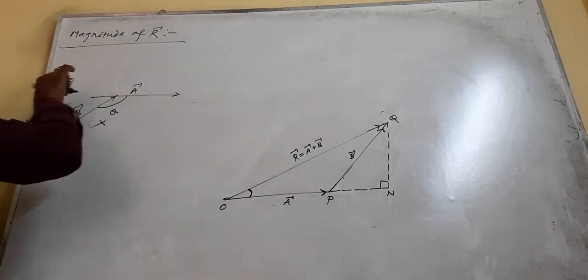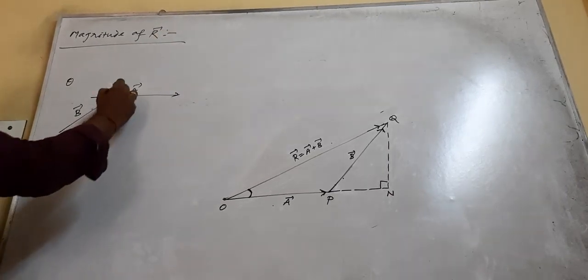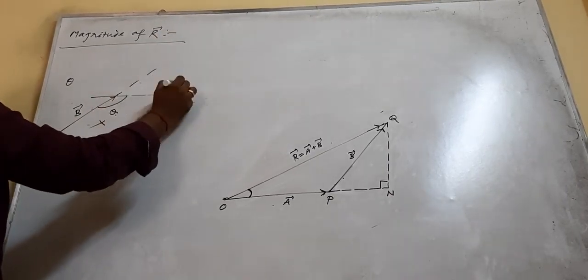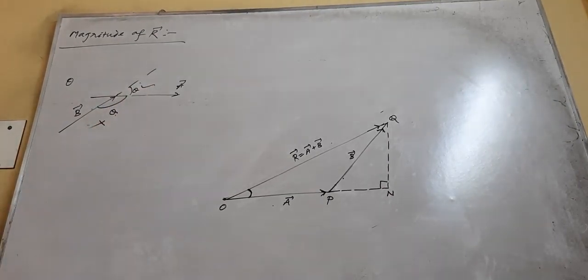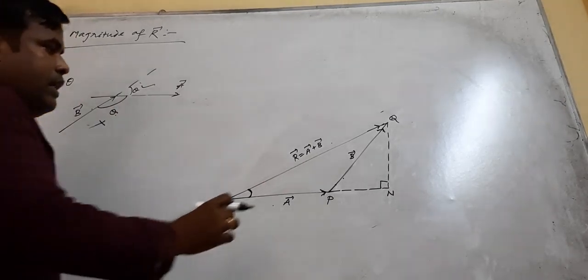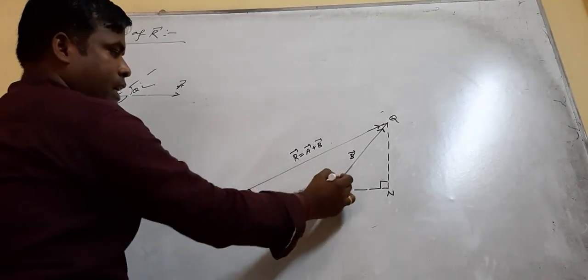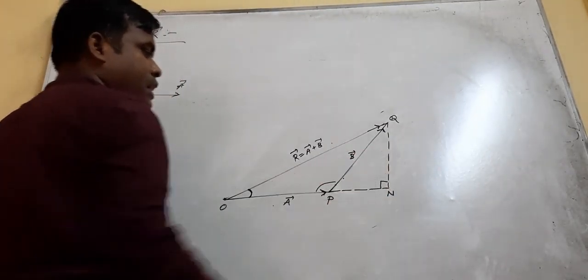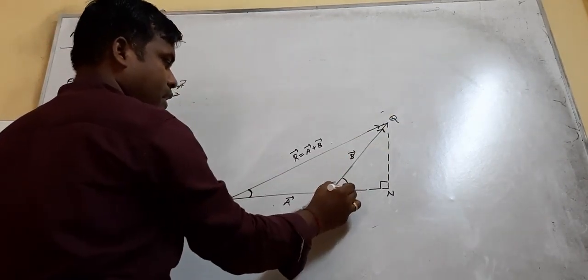A vector direction is towards this and B vector is towards this, so it is not the angle theta, the angle will be this. So you remember the angle between two vectors means the angle between their directions. Here you take the angle between A vector and B vector as theta. A vector direction is towards ON and B vector direction is towards PQ, so this angle will be theta.